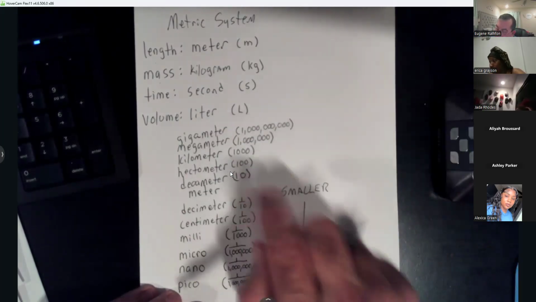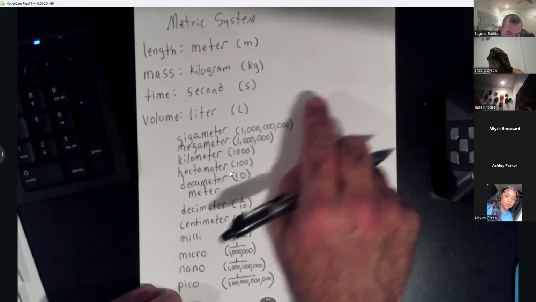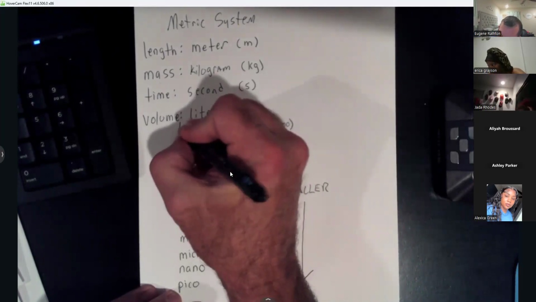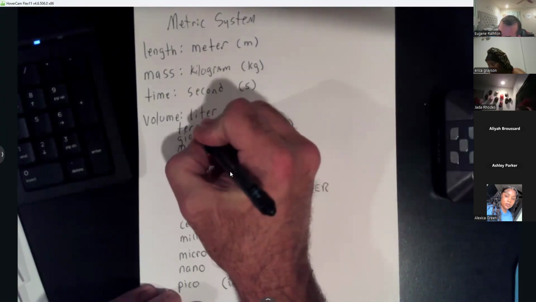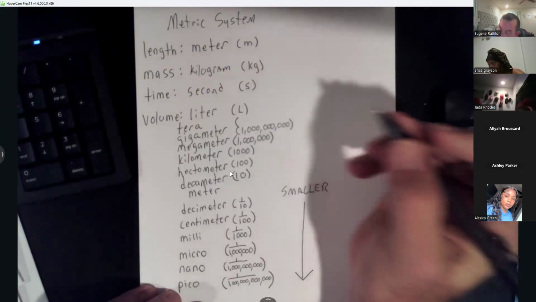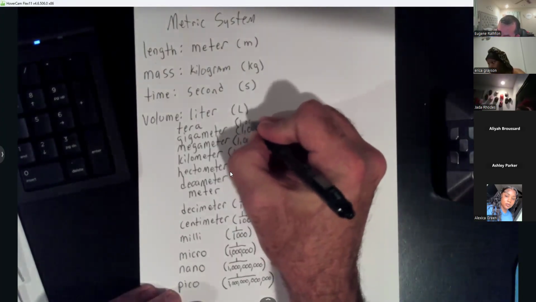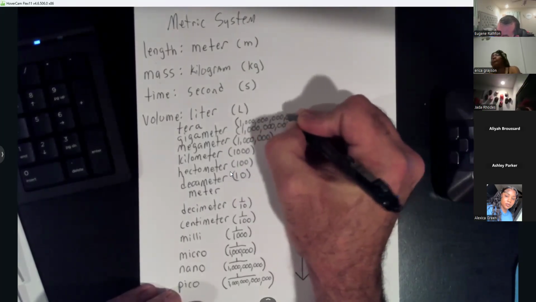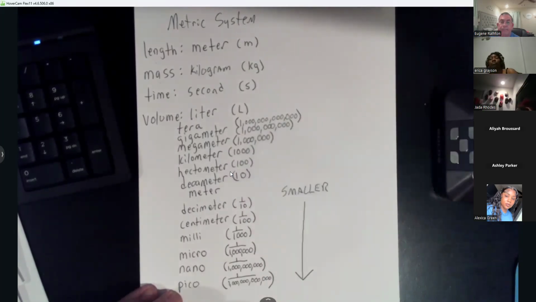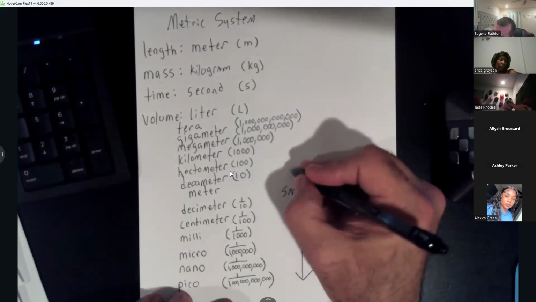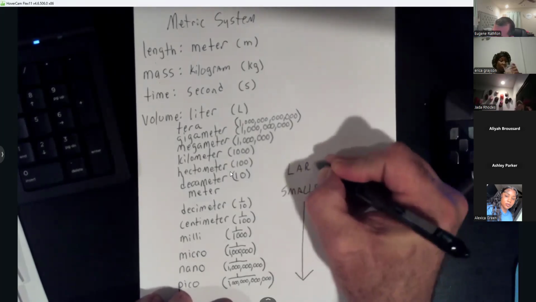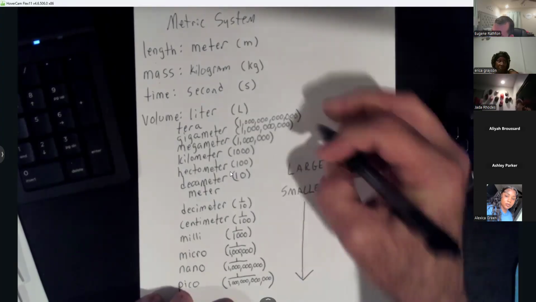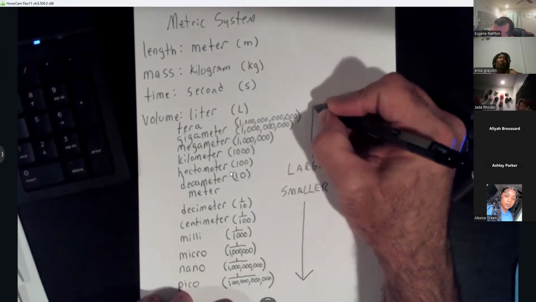So these are getting larger as I go up. And y'all, the last one is tera. And that is 1 trillion. So 12 zeros. So they're larger as we go up on this list.